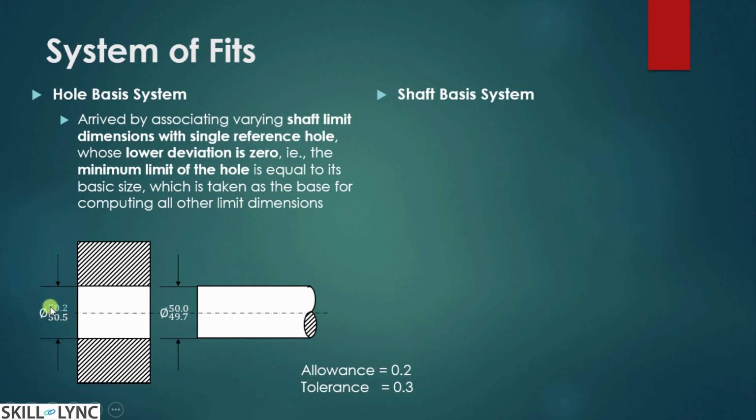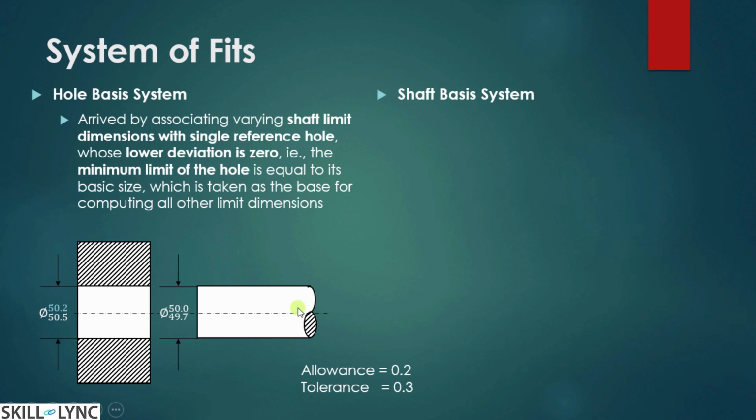Assuming this is the lowest size, that is 50.2, this is going to be the minimum limit of the hole. With this condition, you apply the tolerance, so the maximum limit for this hole is going to be 50.5. Then, based on this dimension 50.2, you apply the allowance to determine what is going to be the maximum and minimum sizes of your shaft.